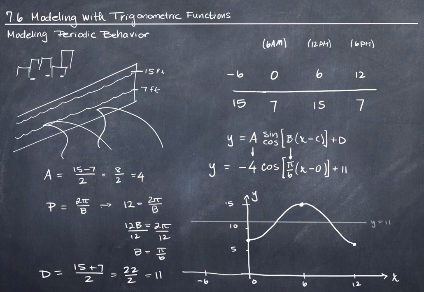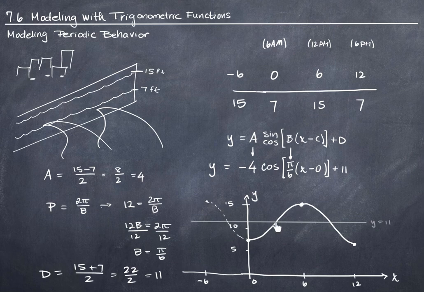I'm going to have a value of 15 there. And that would have made the graph look something like this. If we had started with this as t equals 0 and shifted everything back, with t equals 0, t equals 6, t equals 12, then we would have had this positive cosine graph.